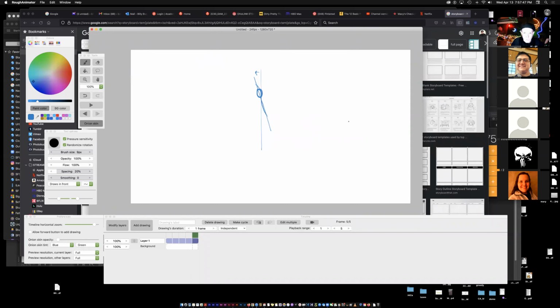So study how you want your run to look. Get the line of action to be leaning forward. Get the volume. Again, we're in the side view. This run cycle will be in place.